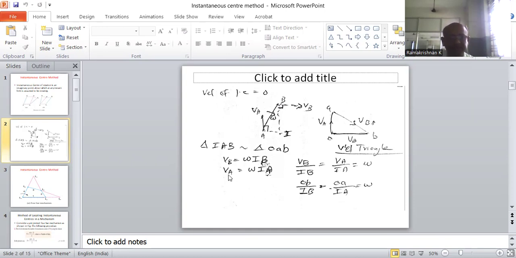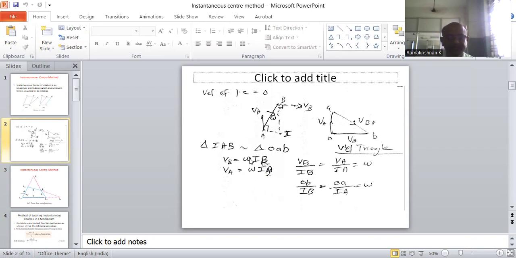Similarly, for point A on the link AB, VA equals omega into r, where r represents the distance of the instantaneous center from the respective point, IA.